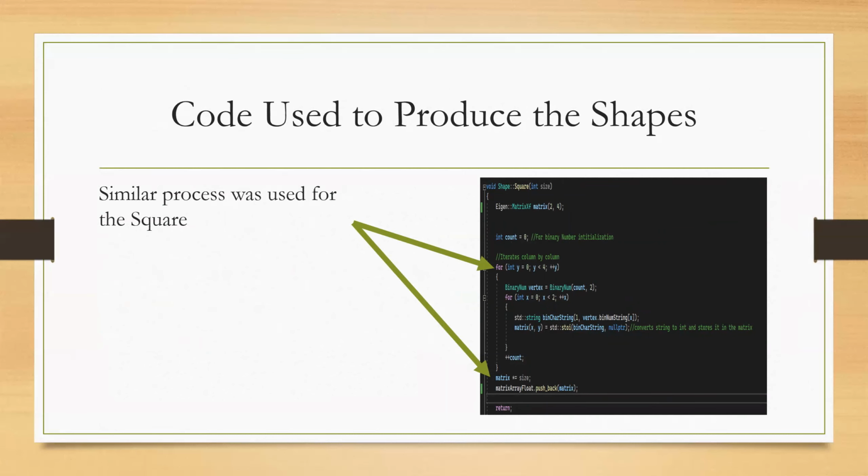A similar process was used for the square that can be seen here as a 2D matrix is created and subsequently populated. The matrix is then multiplied by its eigenvalue and pushed into the array.